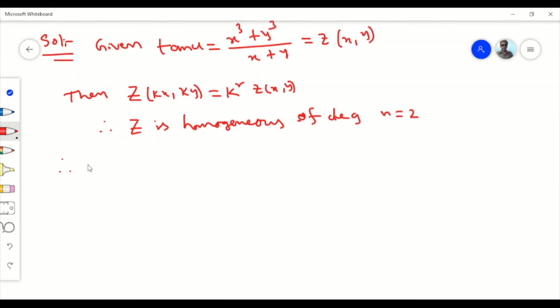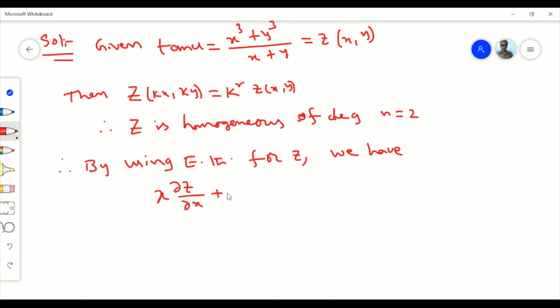So by using Euler's theorem for z, we have x dou z by dou x plus y dou z by dou y is equal to nz, which is 2z.